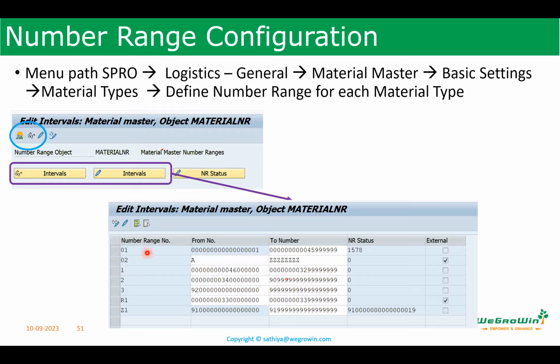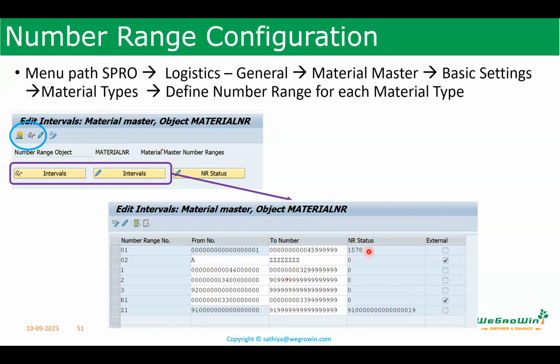For example, if number range 01 is assigned to one material type, it assigns numbers from 1 to 459999. There are 18 digits here, and the leading digits are filled with 0. The number range given runs from 1 to 45 million, but the number range used so far is 1578.